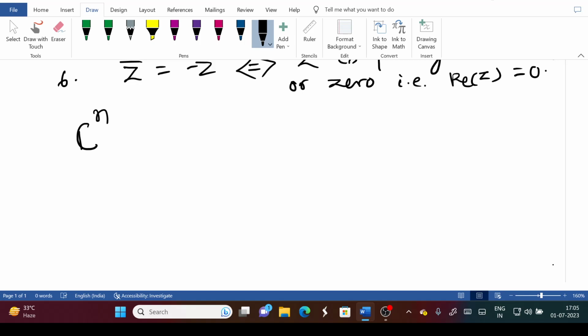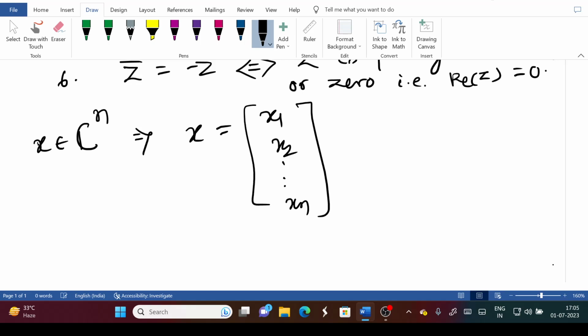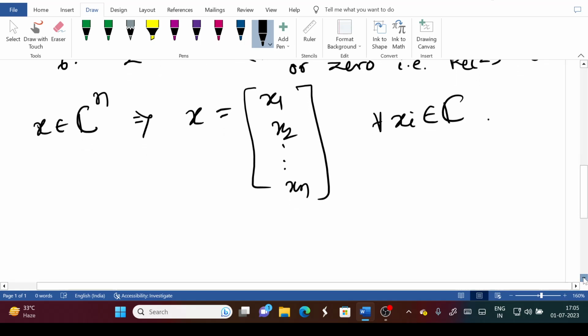Here the vectors belong to C^n, that means x belongs to C^n implies x is equal to (x1, x2, up to xn), where xi belongs to C. So now what about the length of this vector?